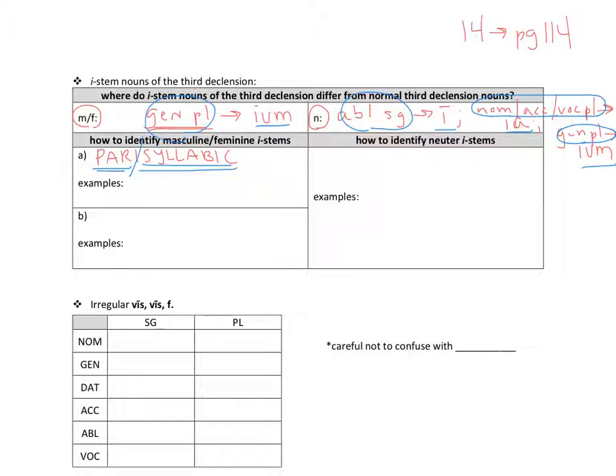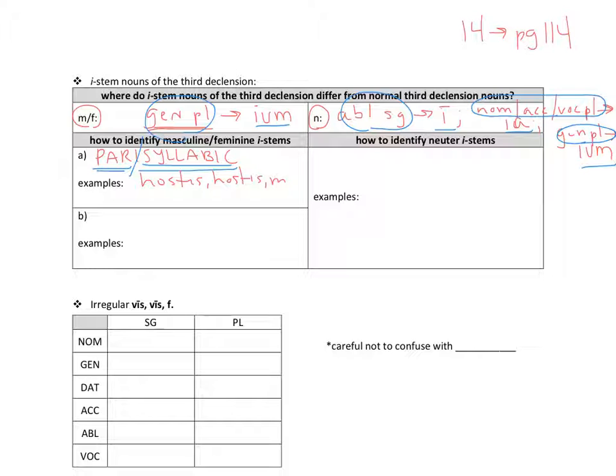The way that this works is that, and I'm just going to read this definition right here, most masculine and feminine nouns that have a nominative singular in IS or ES, and the same number of syllables in both the nominative and the genitive, and hence they are called parasyllabic, are going to be I-stems. So for example, hostis, masculine.